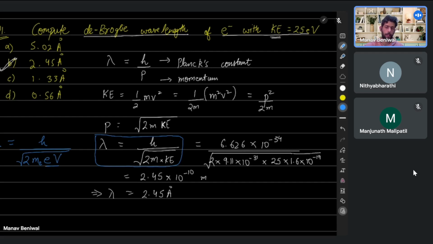If you apply potential V and accelerate it, the kinetic energy of the electron is eV. So you can substitute the values of h, m and e, and then you can write lambda as 12.27 angstroms divided by root V.